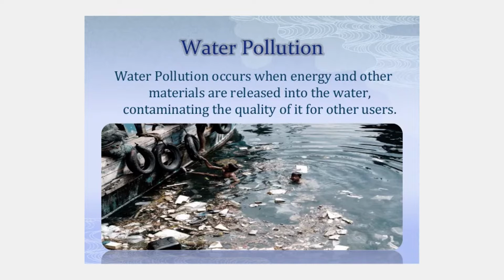Now water pollution occurs when energy and other materials are released into the water, contaminating the quality of it for other users. I repeat, water pollution occurs when energy and other materials are released into the water, contaminating the quality of it for other users. What do you understand?